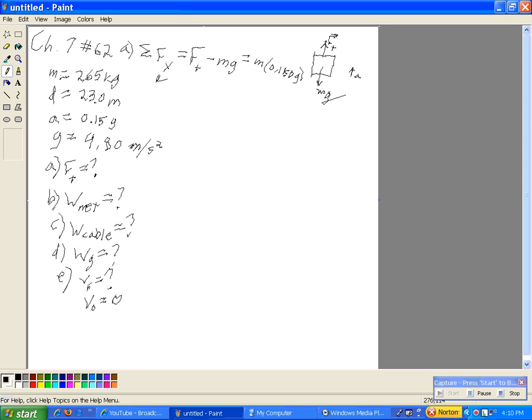Now the force of tension we can solve by saying it's m times 0.150 g plus mg, so that equals 1.150 mg.